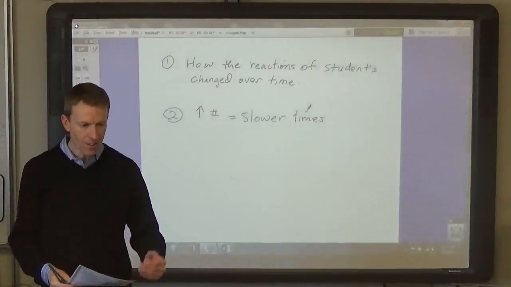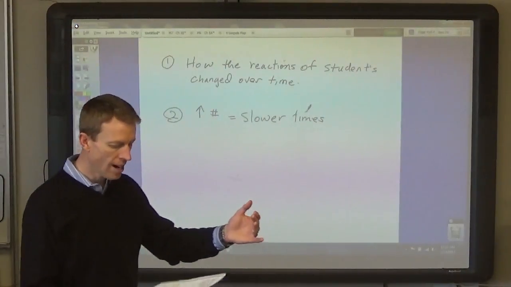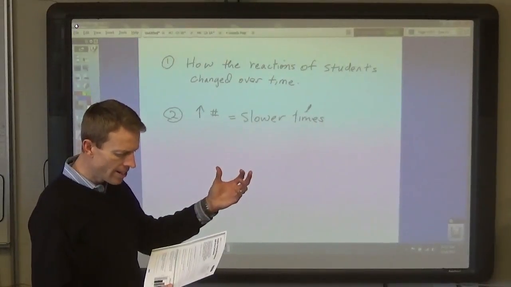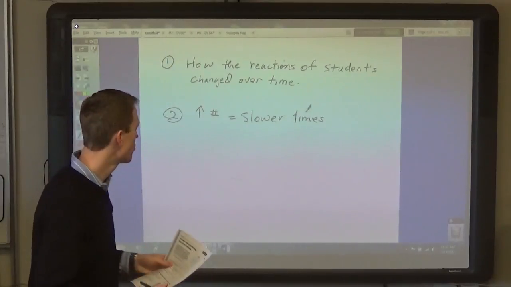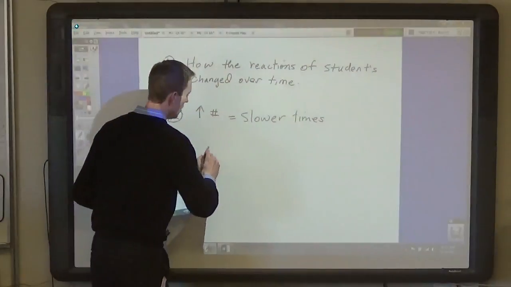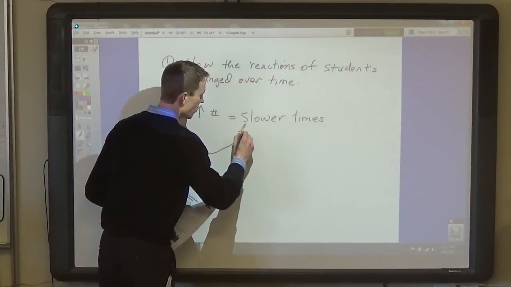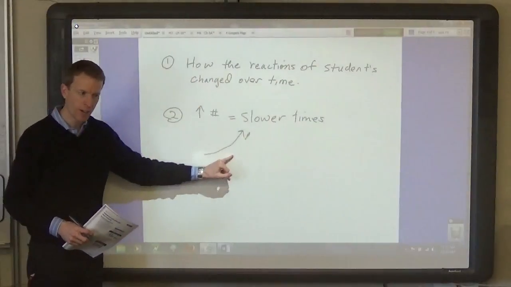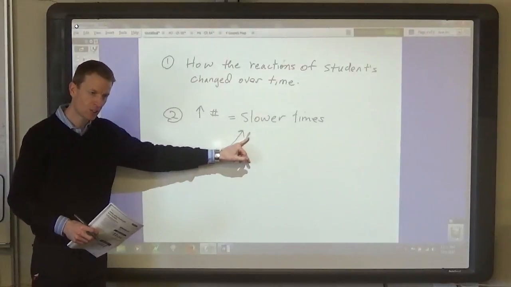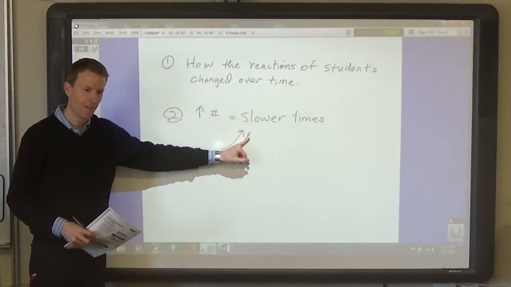Another thing you have to do when you're paying attention to a graph is to figure out what these numbers actually mean. The fact that the line is going up means what? Does the line going up mean faster or slower times?